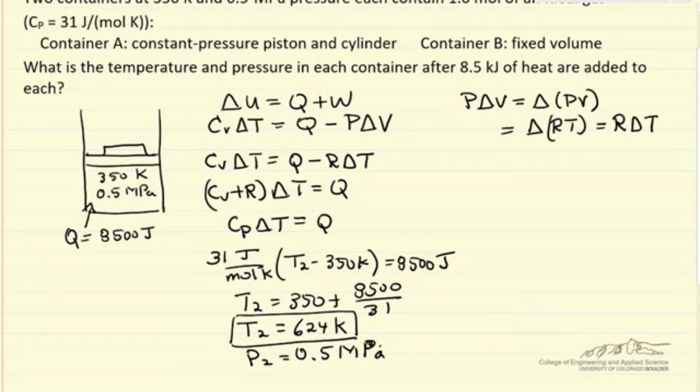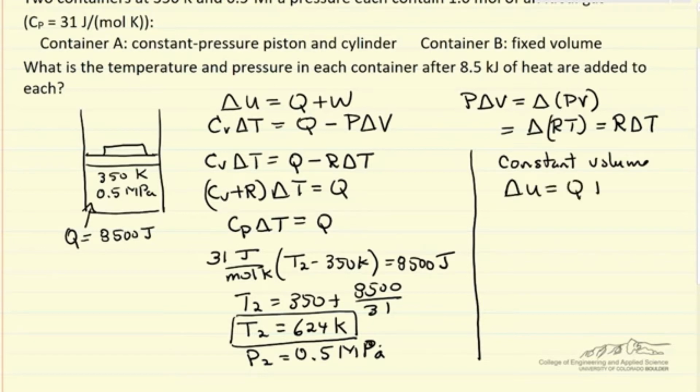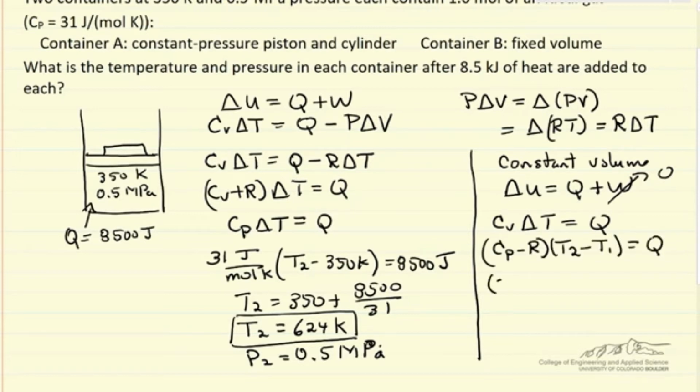So let's do the same calculation over here for the constant volume system. Constant volume means there's no work, so delta U is Q plus W, and W is 0. Delta U is the same as before. CV is CP minus R, so CP is 31, R in the correct units, so we have everything in joules per mole Kelvin.